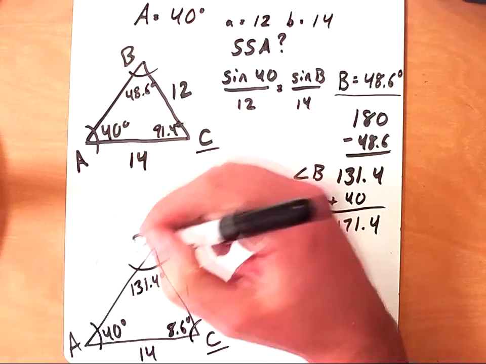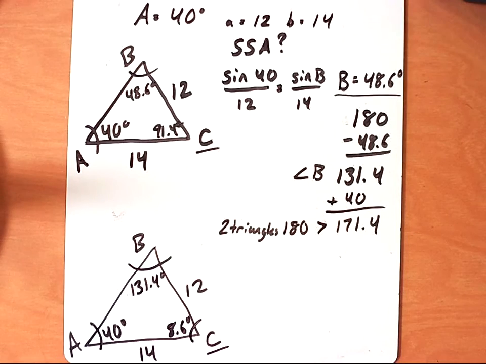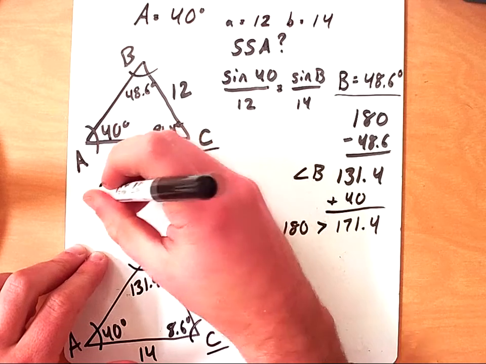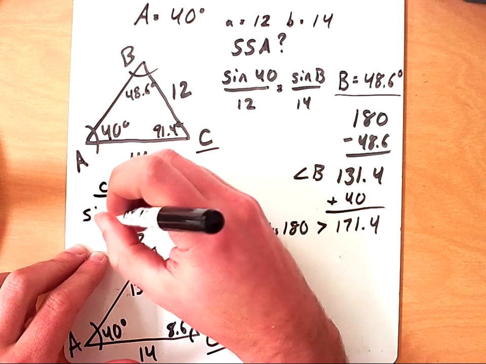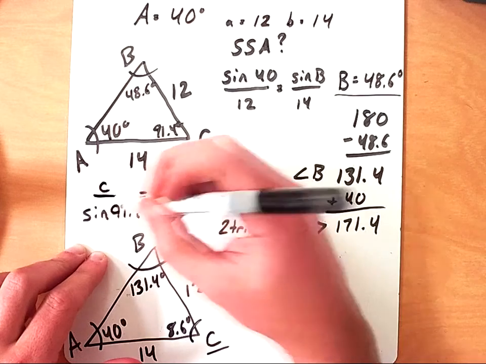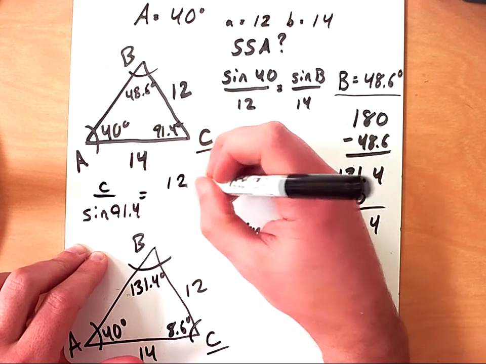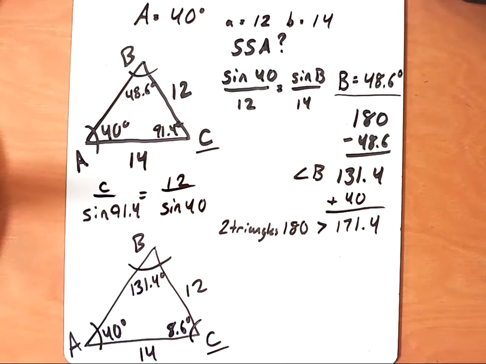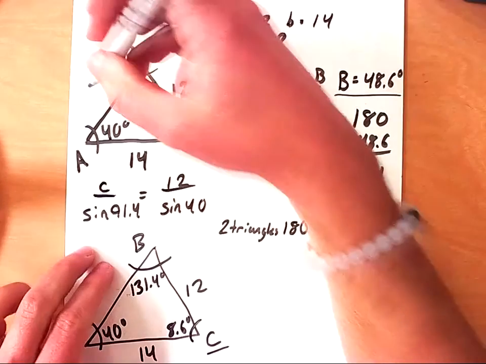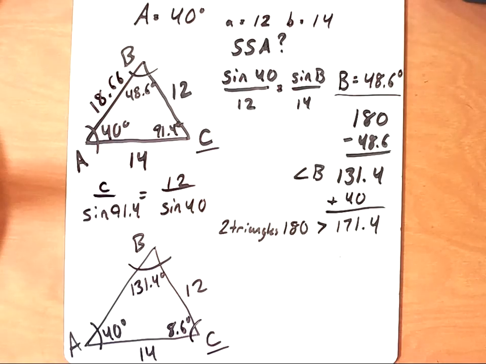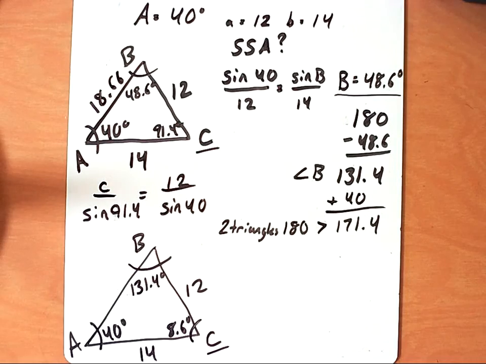So now for both, we'd want to go ahead and solve for side C. All right, so on my first triangle, I could set this up. You're just going to use the law of sines. So C over the sine of 91.4, and that's going to equal 12 over the sine of 40. So if you take that in your calculator and you solve, you get that side C is 18.66 for our first triangle.